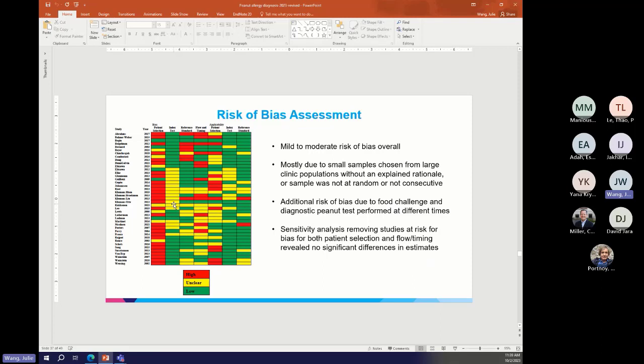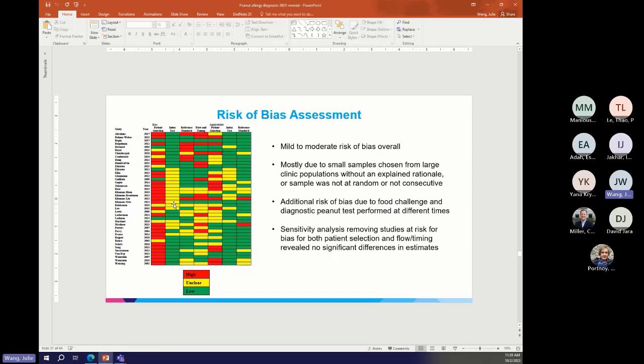These assessments were mainly due to the small sample sizes that were chosen from large clinical populations without very clear indications as to how the patients were picked. Often they were not random patients, nor were they consecutive patients within the clinical population.